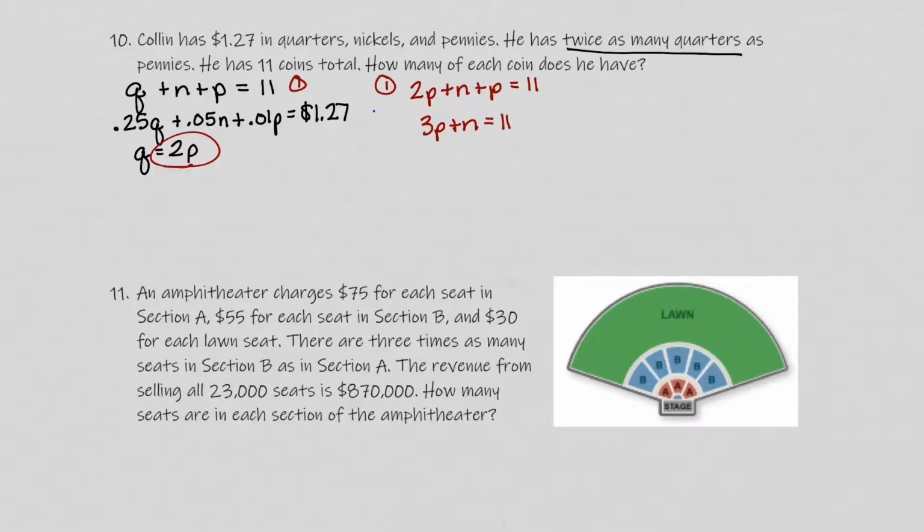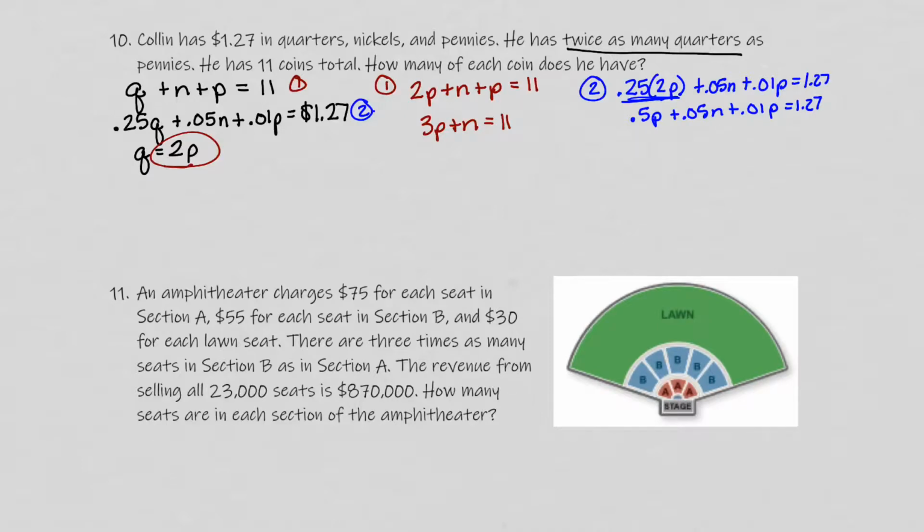Then let's go on to equation 2, and I'm going to plug that 2P in for Q. So I have 0.25 times 2P plus 0.05N plus 0.01P equals 1.27. Let's do this multiplication, and I get 0.5P plus 0.05N plus 0.01P equals 1.27.